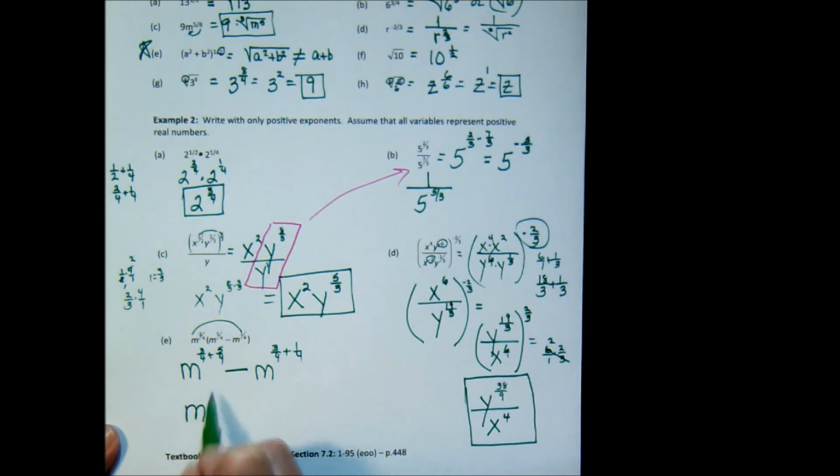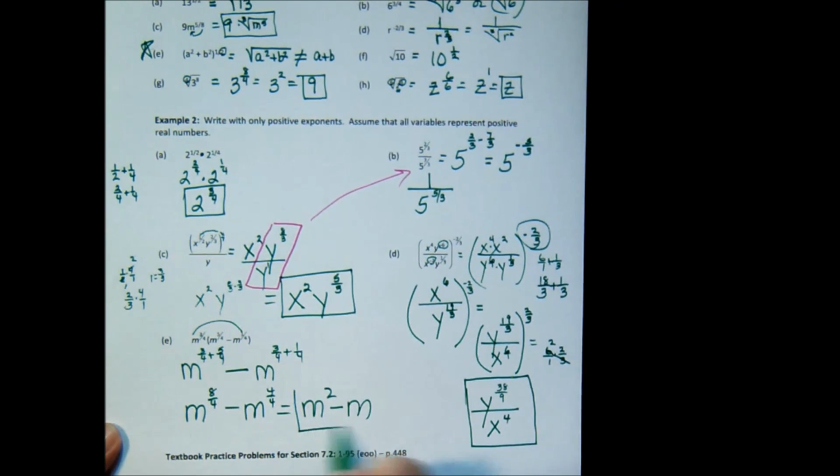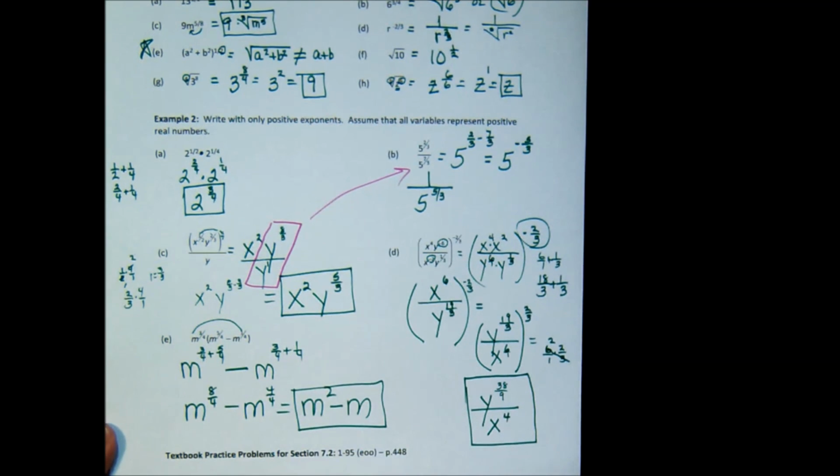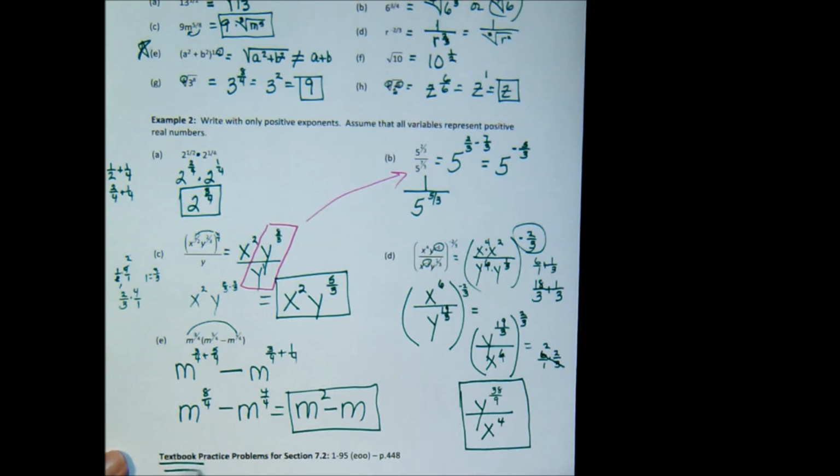Or m to the 8/4 minus m to the 4/4, which is just m squared minus m. These are tricky. You're probably going to want to go find some more and practice them.